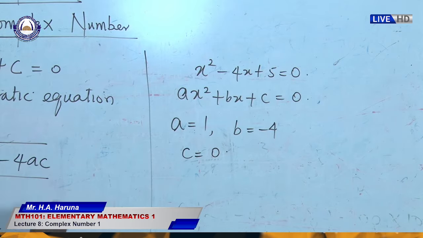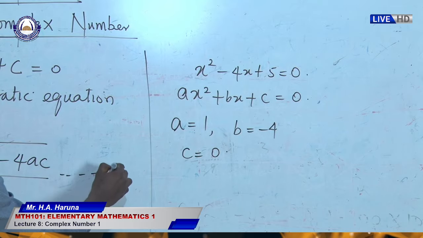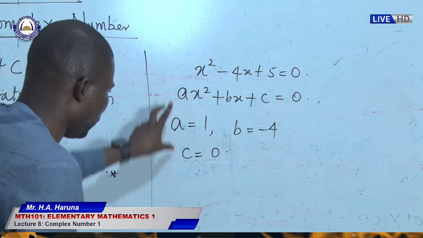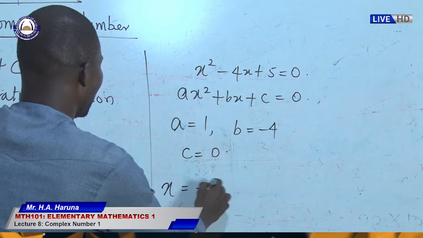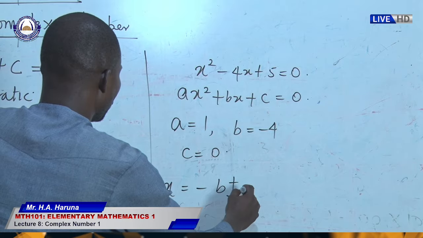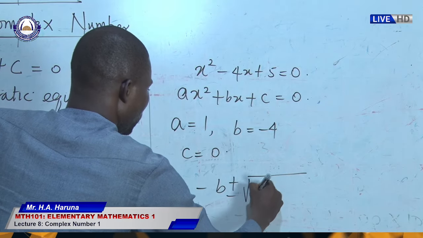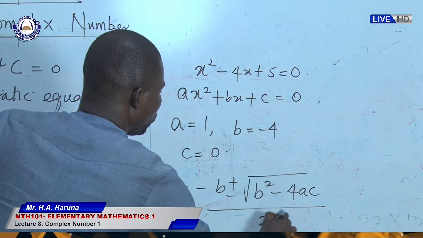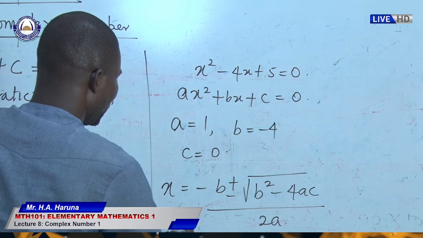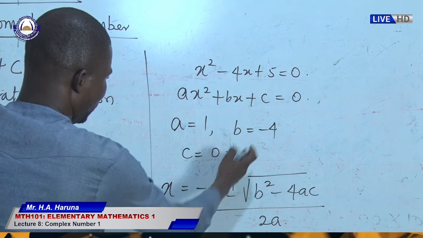So when you apply this into what you have gotten, you will get x equals minus b plus or minus the square root of b squared minus 4ac over 2a. So x equals, what is your b? Minus 4.